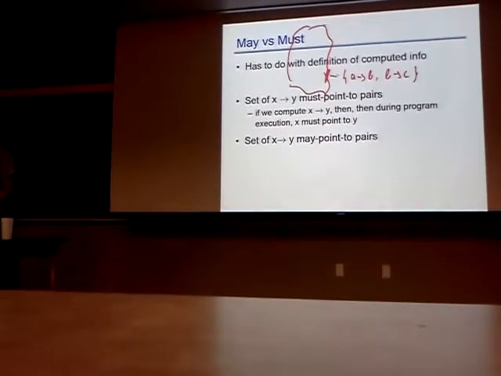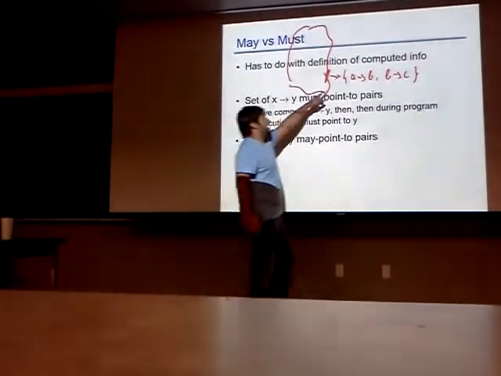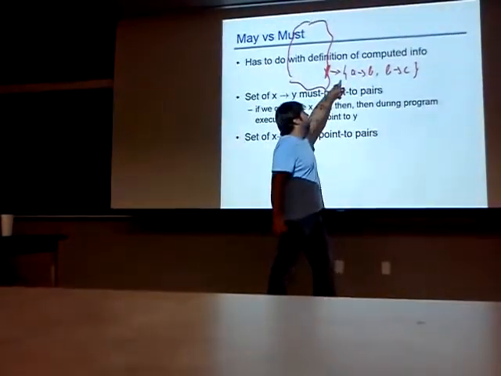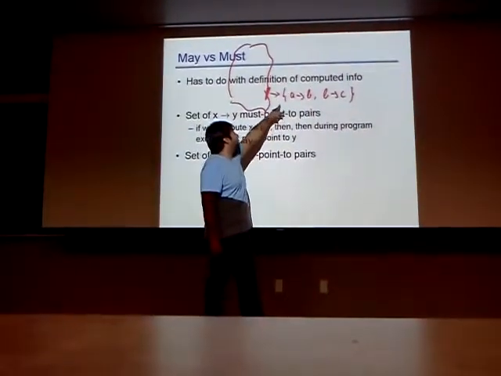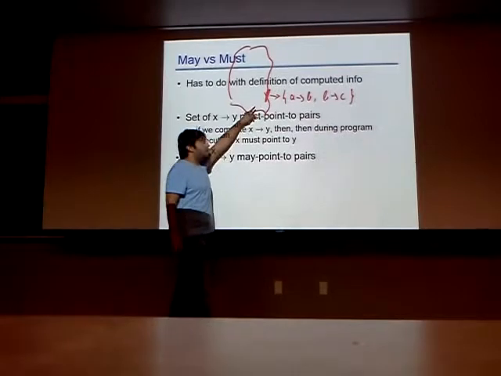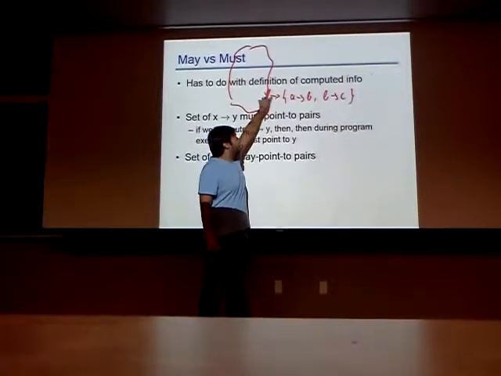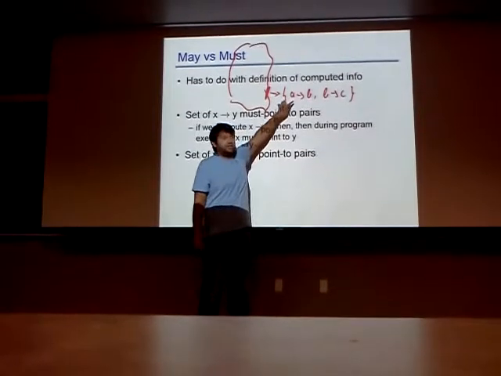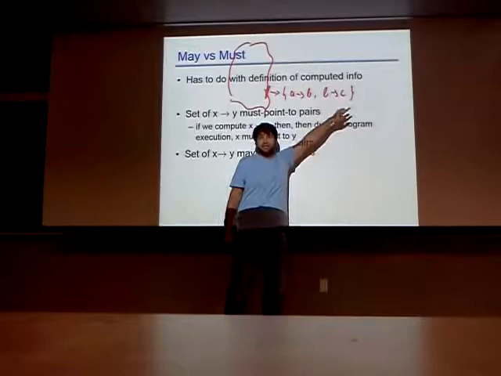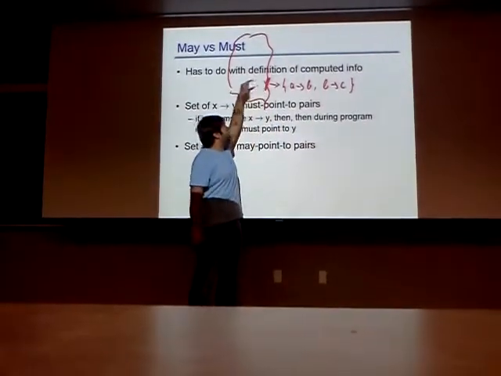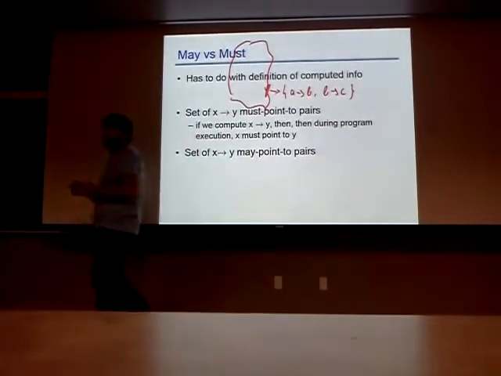If the computed information at that edge is this set, and it's a must-point-to analysis, it means that on any program execution, when you reach this point, if you look up the value of A, it'll be equal to the address of B. And if you look up the value of B, it'll be equal to the address of C. On any execution of the program you get here, you will know that A is equal to the address of B and B is equal to the address of C. Does that make sense?